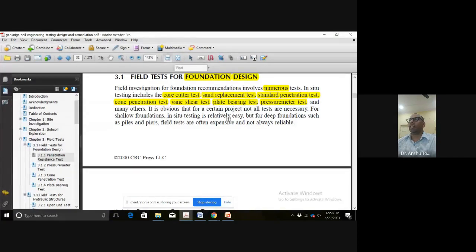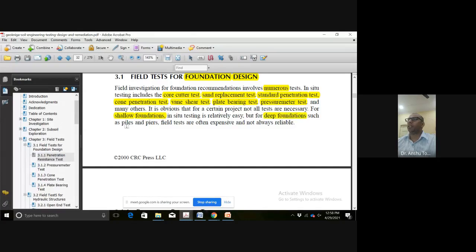For shallow foundations, in situ testing is relatively easy. In shallow foundations we know that extracting the sample is easy as compared to deep foundations, where we have to use the SPT, standard penetration test.